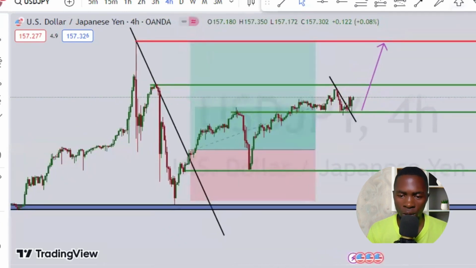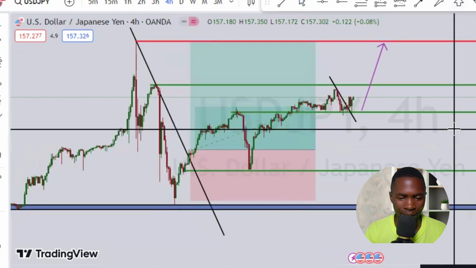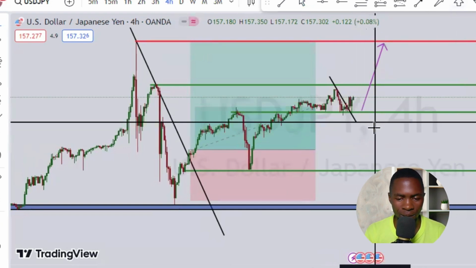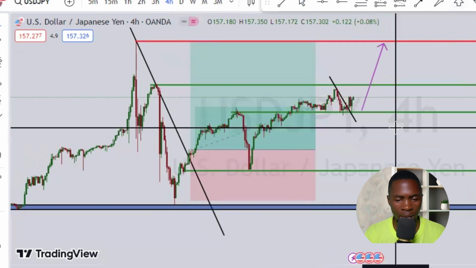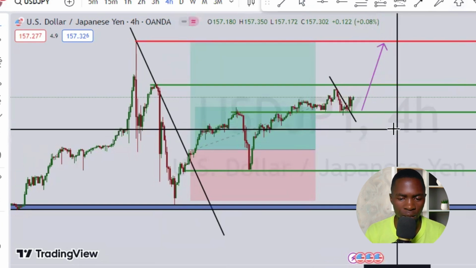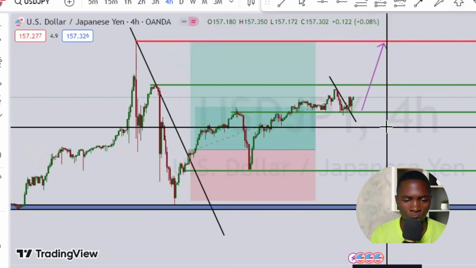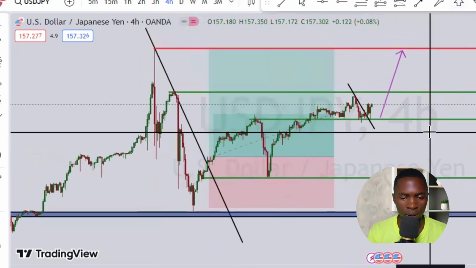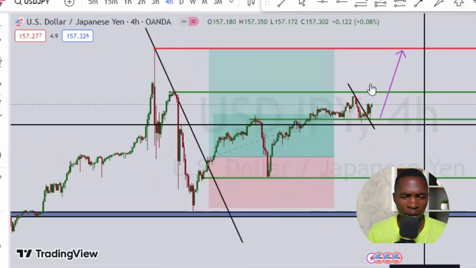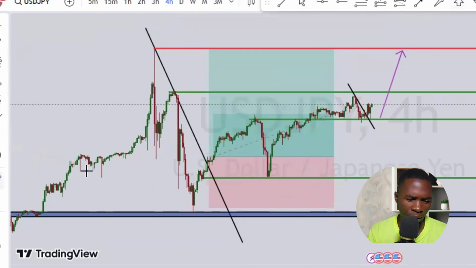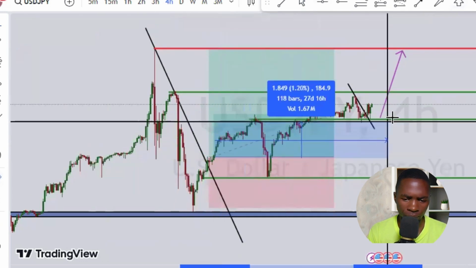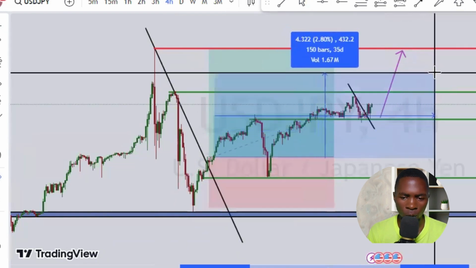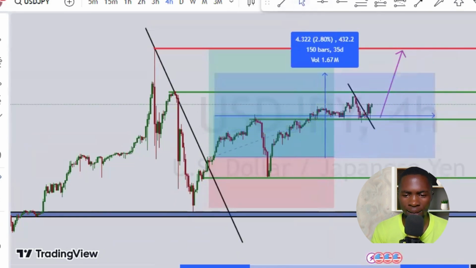My stop loss is around this area. So if the market even reverses right now, I'm going to have a little bit of profit. I'm not going to lose all my account or all my trades on this single pair. So I'm already at a slightly good profit. We are now standing at 270 pips on this particular trade.